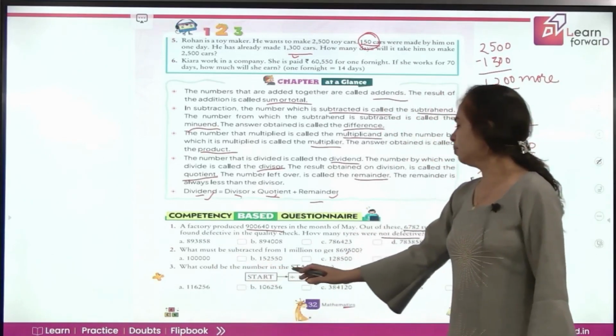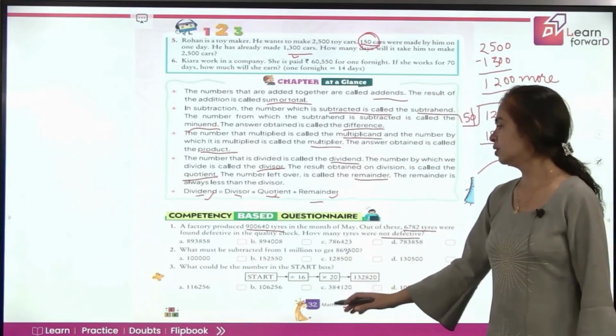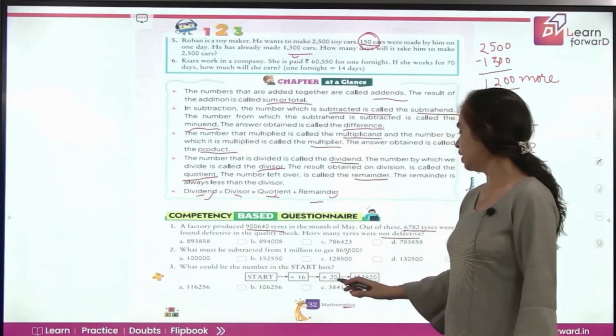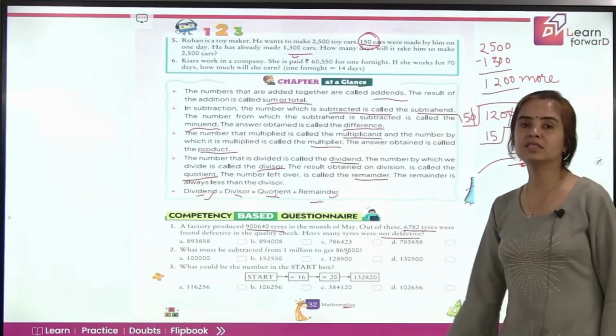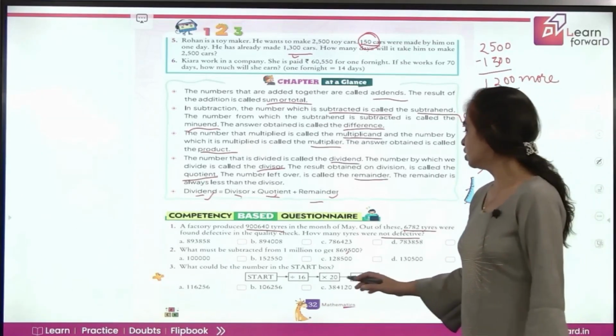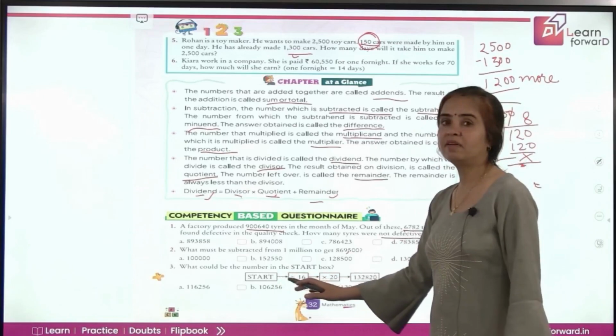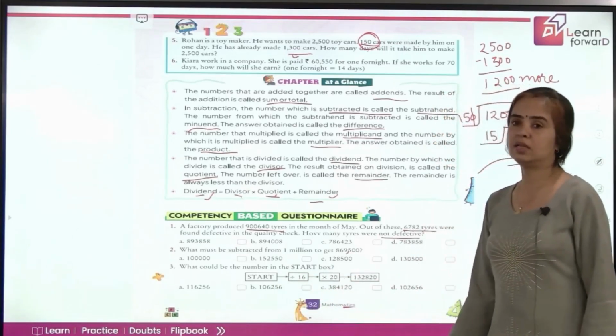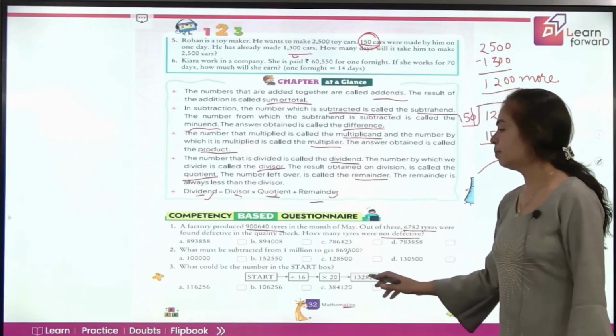What could be the number in the start box so that this number divided by 16 multiplied by 20 gives you this answer? So we can go in the reverse way. How? This number is to be divided by 16 and then multiplied by 20. So you can divide this number by 20.